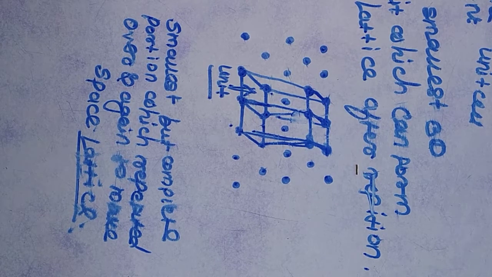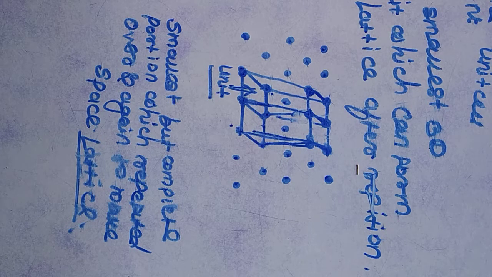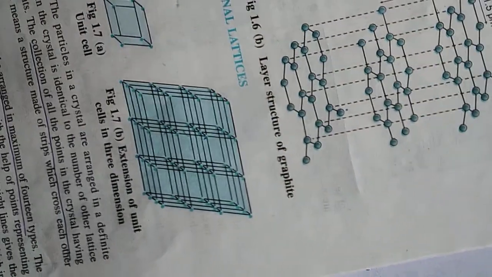And unit cell means what? The smallest but complete portion which is repeated over and again to make a space lattice. Okay, you can simply say that the 3-dimensional arrangement of the unit cell is called a space lattice.